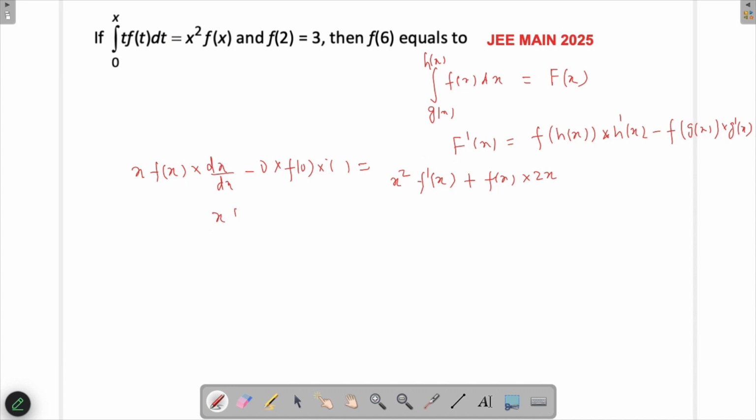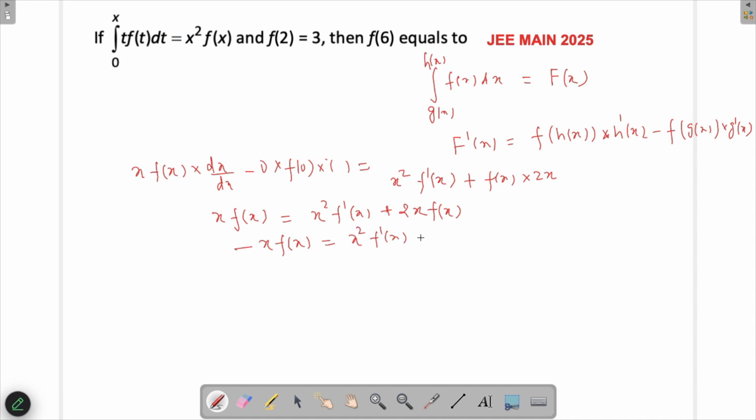Now from here, what do we get? We get x of f(x), and that is equal to x square f'(x) and then we have 2x into f(x). Now we can send this to the other side, and this will become x into f(x), and this will become x square f'(x).